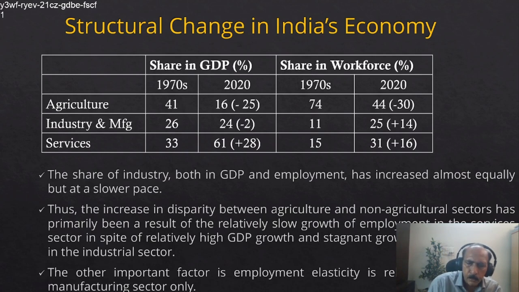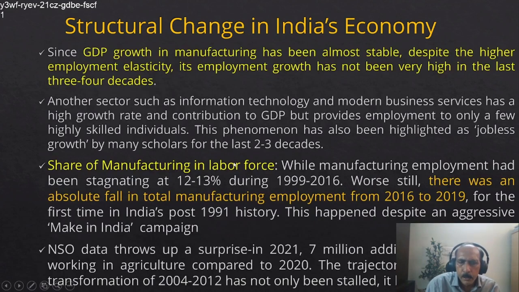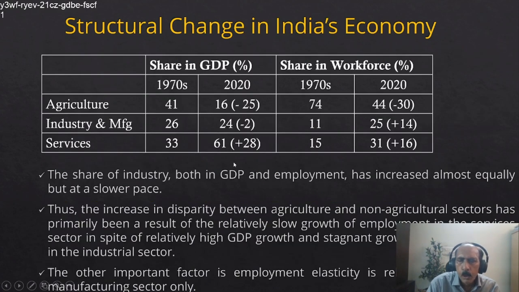To understand this kind of system which has emerged in India, we have to look into the services sector in detail. And when we look at the services sector in detail, we find that it has been bifurcated into two sectors.